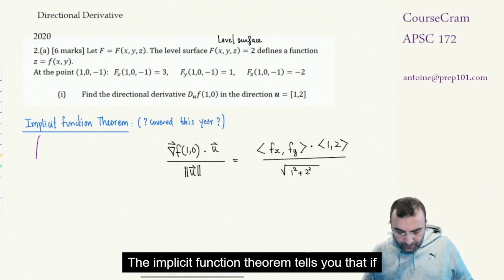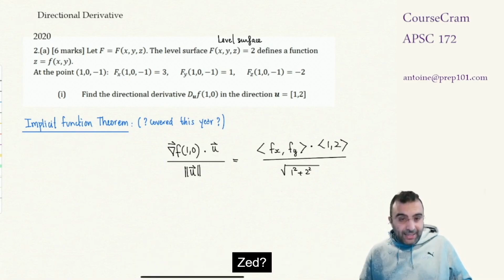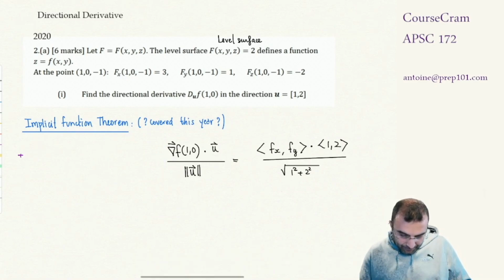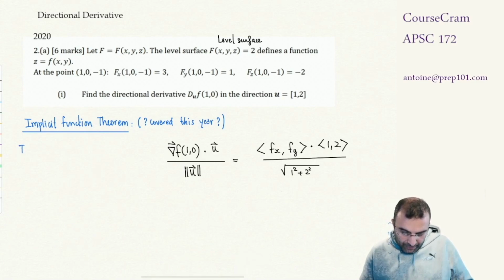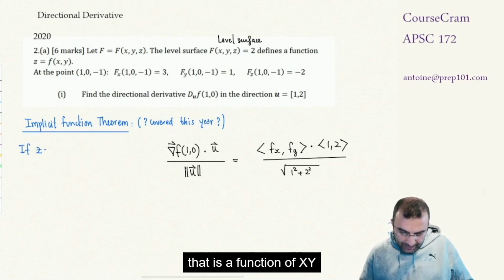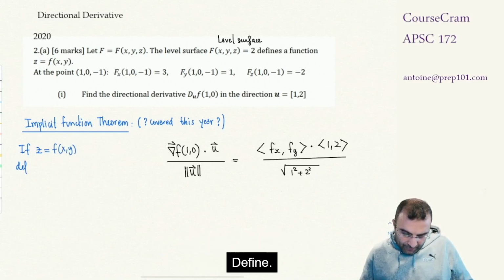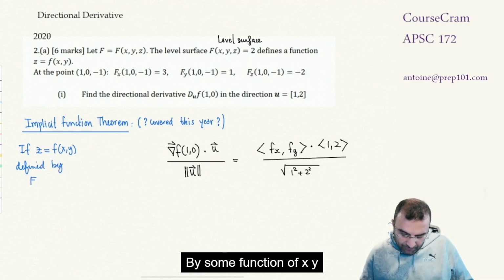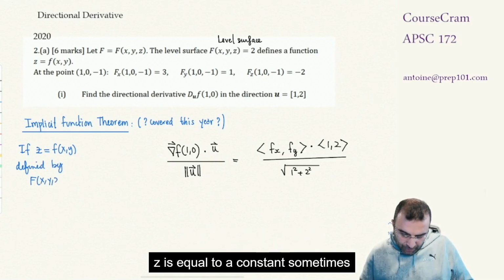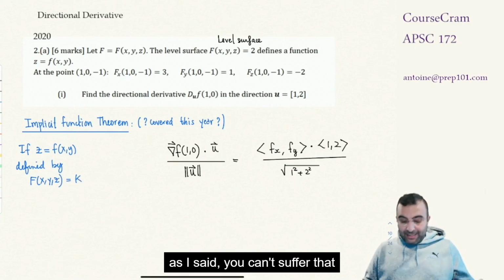The implicit function theorem tells you that if z is a function of x, y defined by some function of x, y, z equal to a constant, because sometimes, as I said, you can't solve for z.